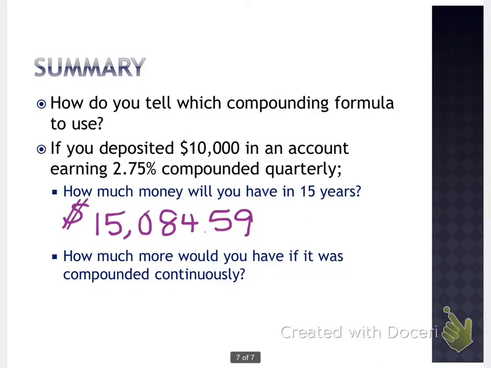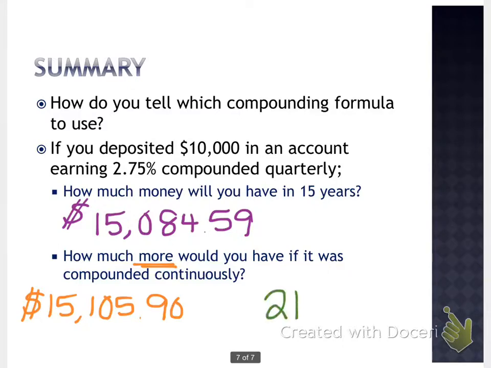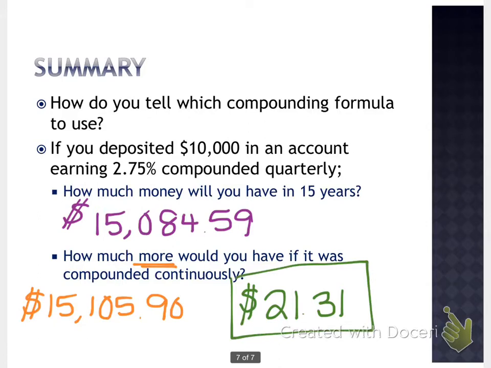If you did it continuously, you would have $15,105.90. So it's asking how much more? Well, if I subtract my compounding quarterly from my compounding continuously, I'm going to have $21.31 more. May not seem like a lot to you, but it can make a big difference over time.